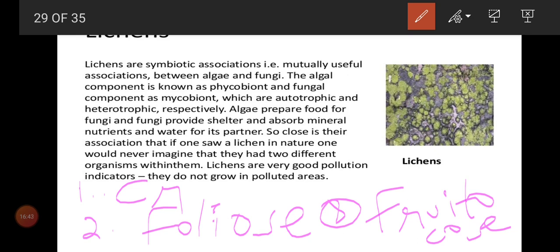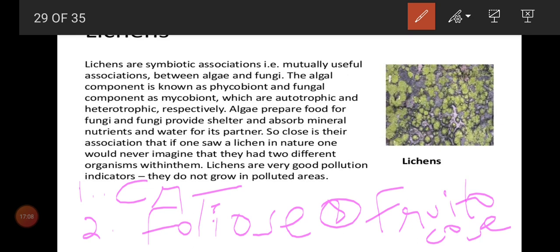Here there are so many types of lichen. What I told is only the type. If you want, you can write some examples. For crustose lichen, you can write one example: Graphis.